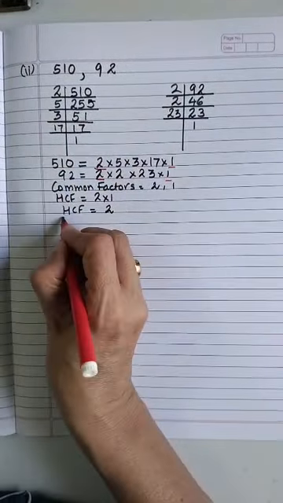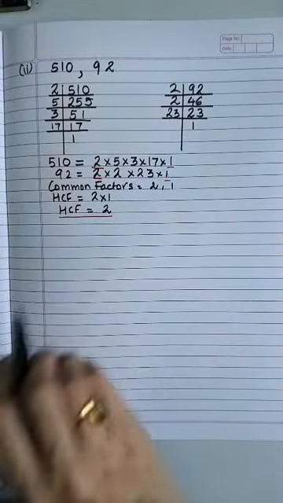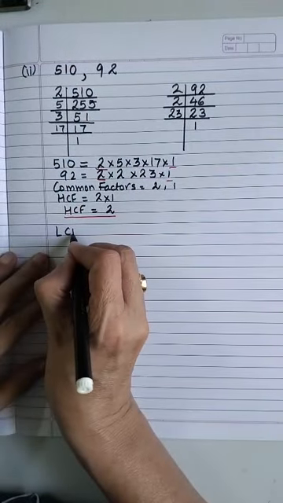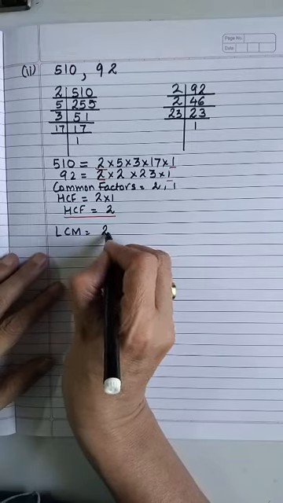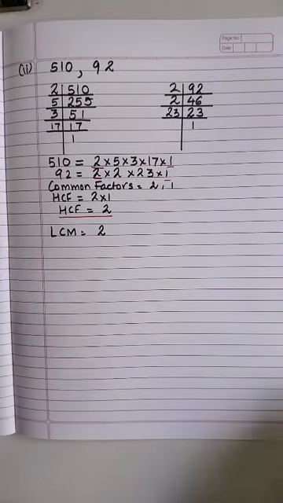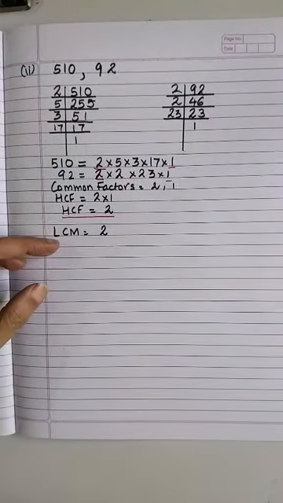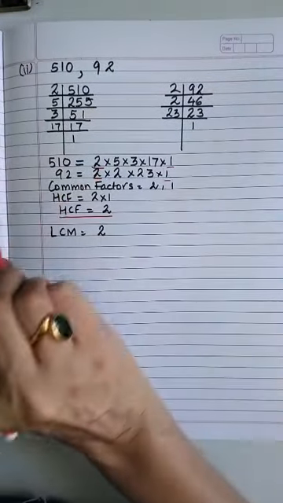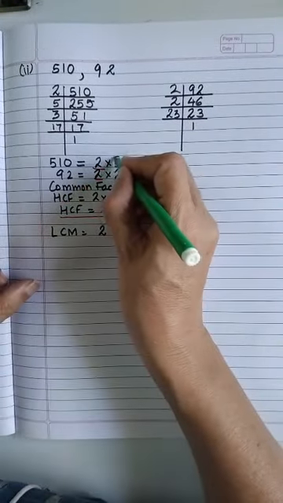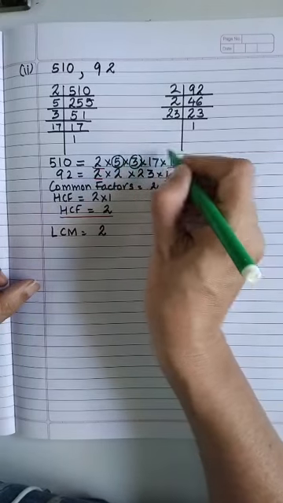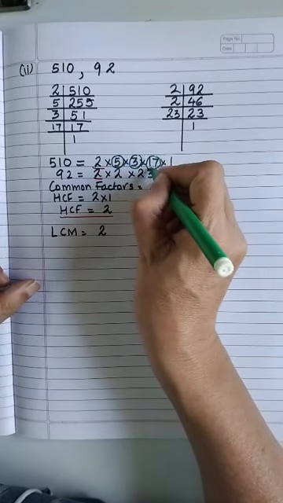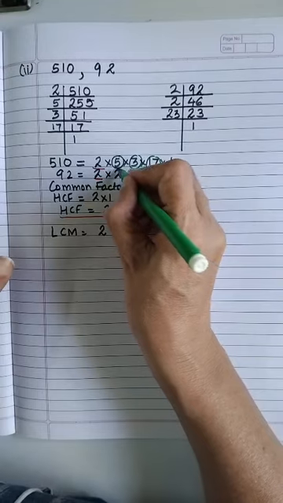Now we'll find the LCM. For finding LCM, we take HCF and we will multiply it with the uncommon terms. Uncommon terms are 5, 3, 17, 23 and 2.